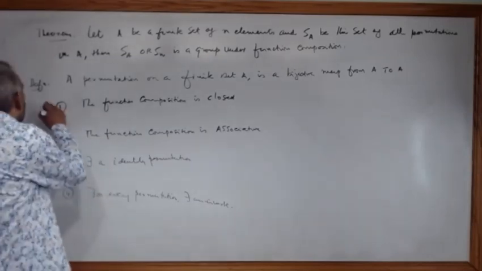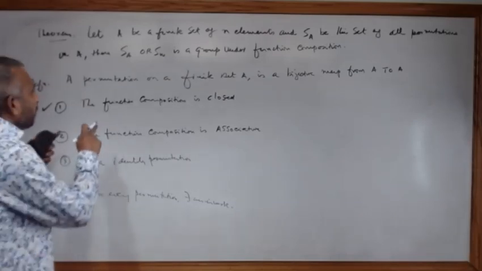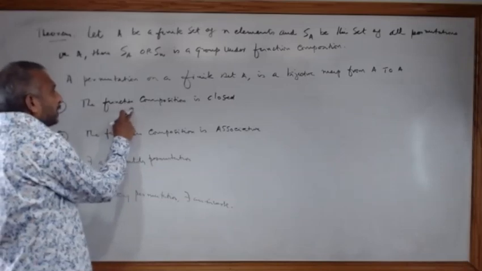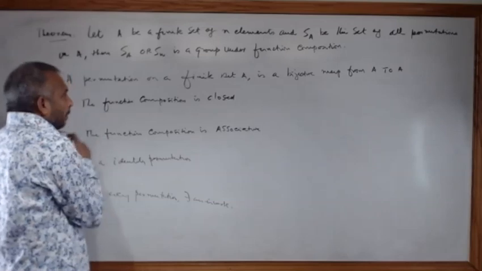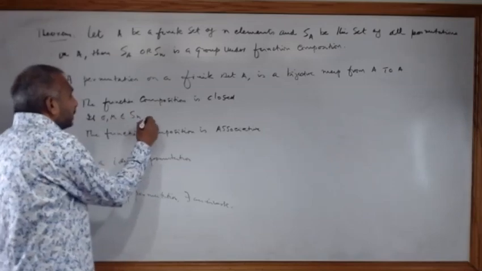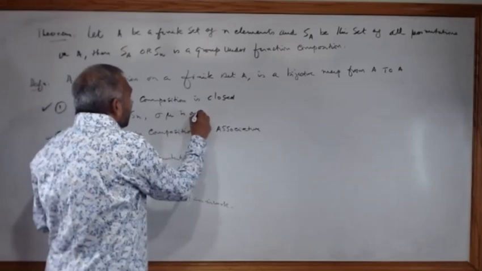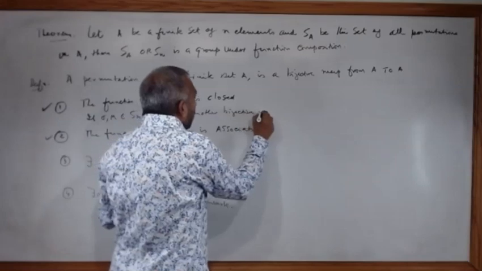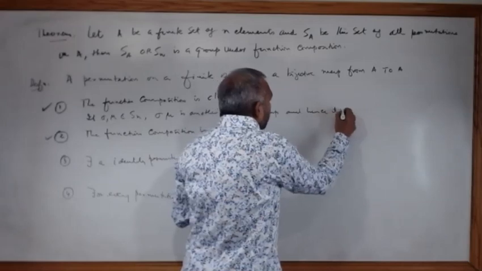Well, these two are trivial from elementary algebra because this is a function, and by the definition of function it is closed. Because if sigma and mu belong to S_n, then sigma of mu is another bijective map and hence it is closed.